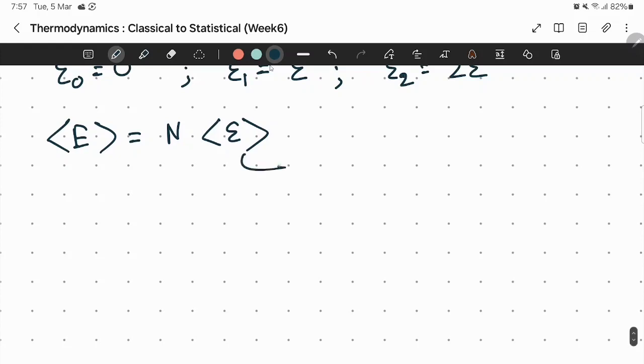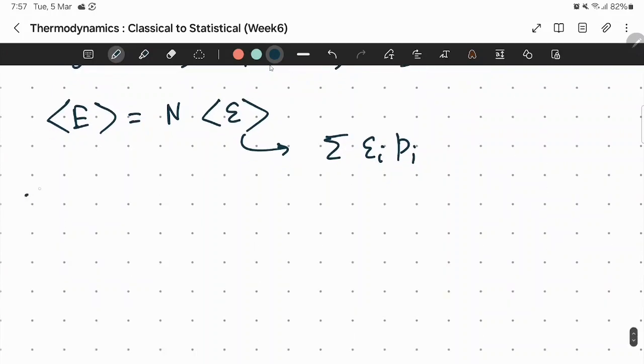So this is the sum over epsilon i p i, which is 100 epsilon. It will be N into E1 p1 plus E2 p2.